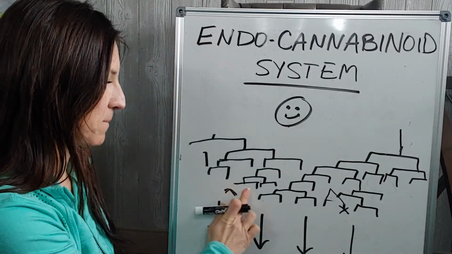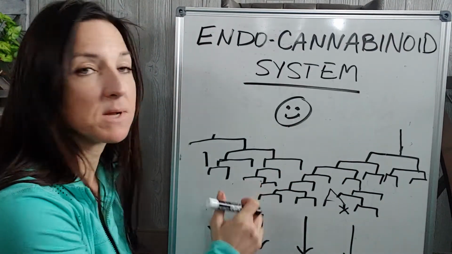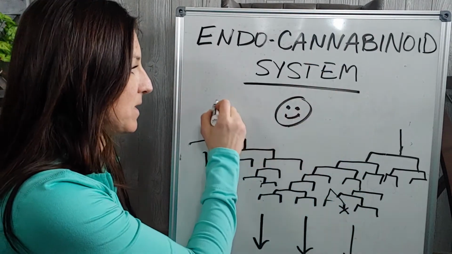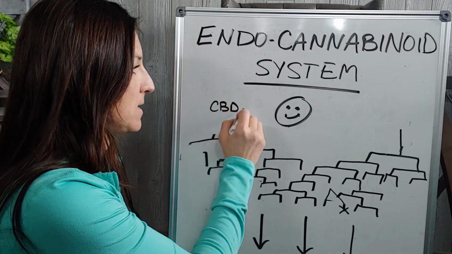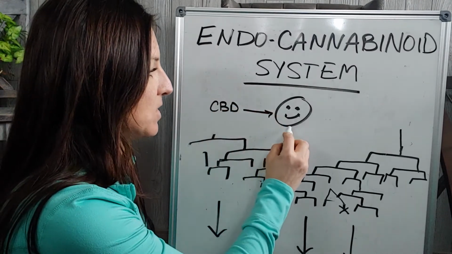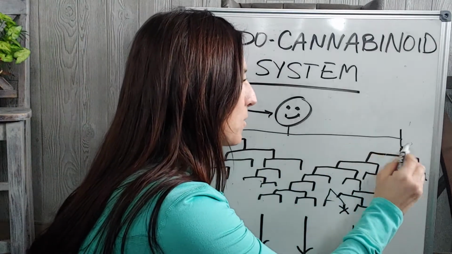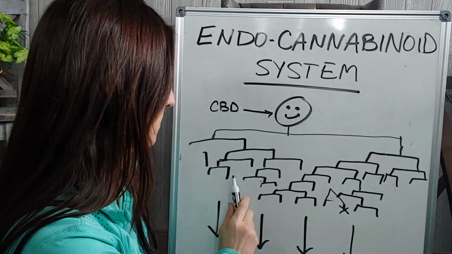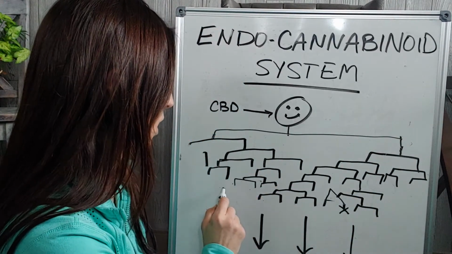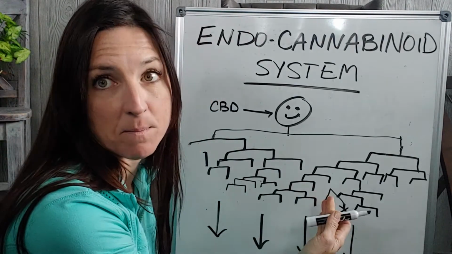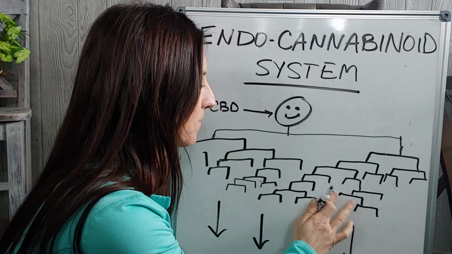Instead of taking something to manage these symptoms, we're going to take CBD. The patient's going to consume CBD, and it's going to have a trickle effect. It's going to restore function at all levels. It's going to bring this even balance, for as even as my art can possibly be here.